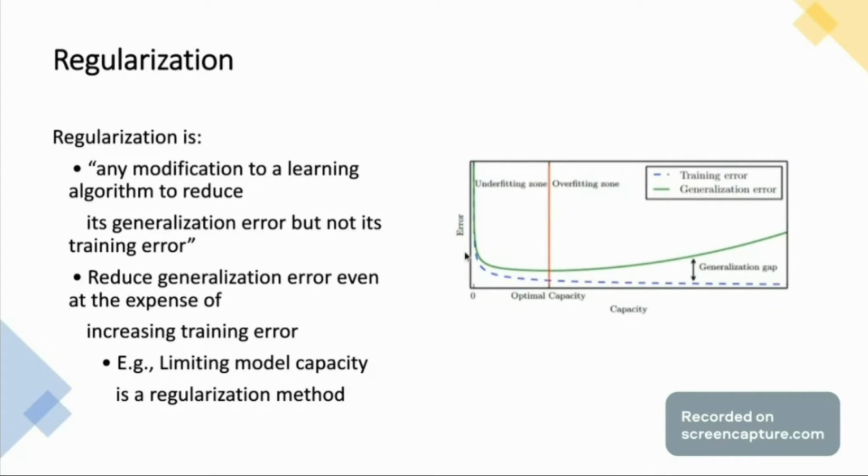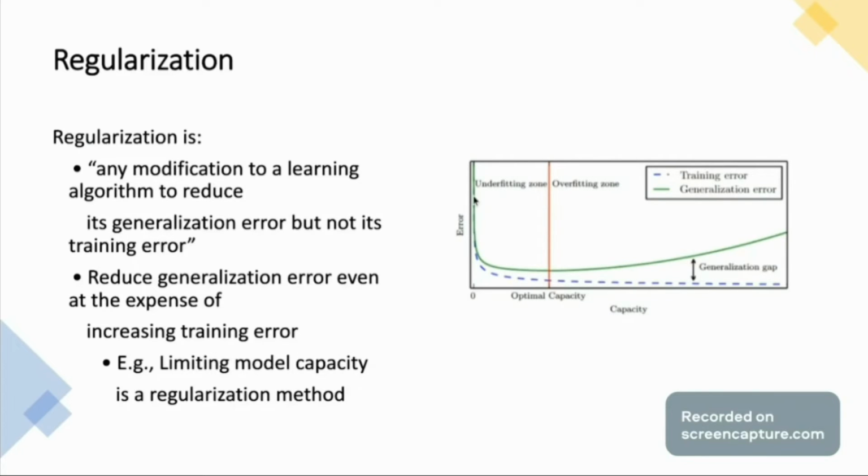Firstly, what we can see in this figure is that in the y-axis we can see the error, and in the x-axis we can see the optimal capacity.